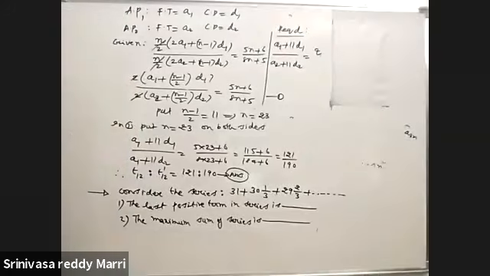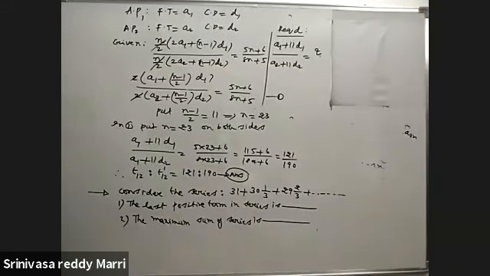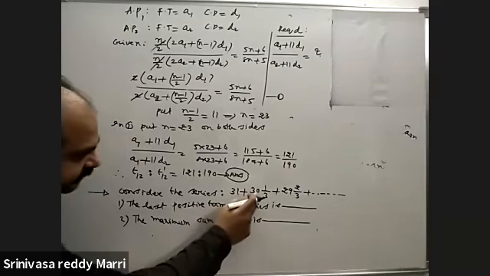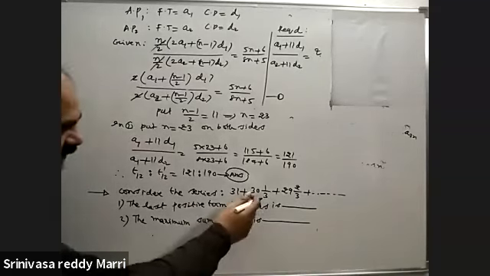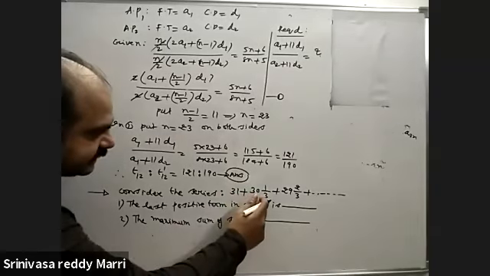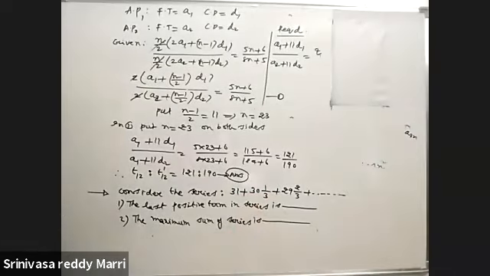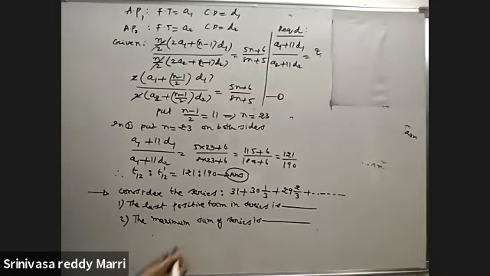Look at the problem. So here in this problem, check whether they are AP or not. Common difference, if you check: this is 31, 30 and 1 by 3, and then 29 2 by 3. So the common difference is the same, which means they are AP.